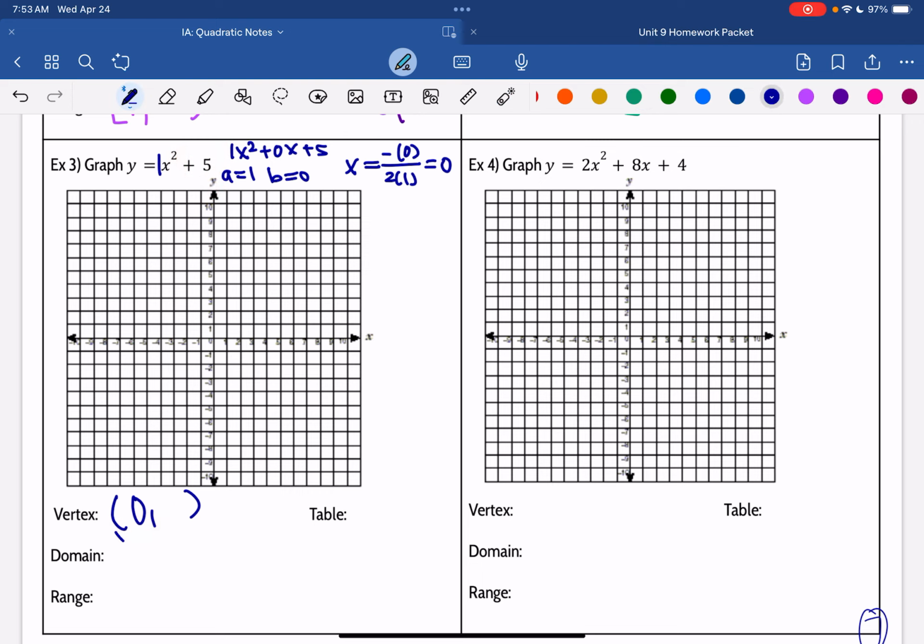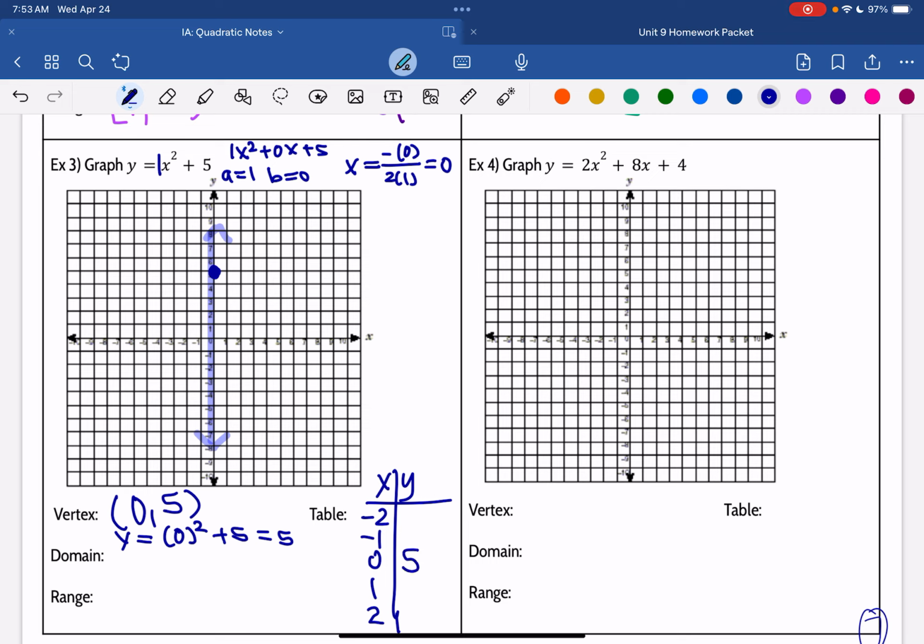And we can even show that right here. So if we plug 0 in, that just gets you that c value back, that 5. So we can go ahead and put that on our graph, 0, 5. We can even plug in axis of symmetry. So in our table, plug some values in around 0. Now plug in.